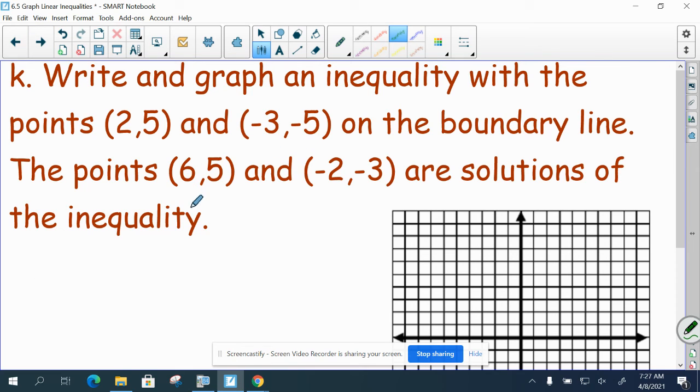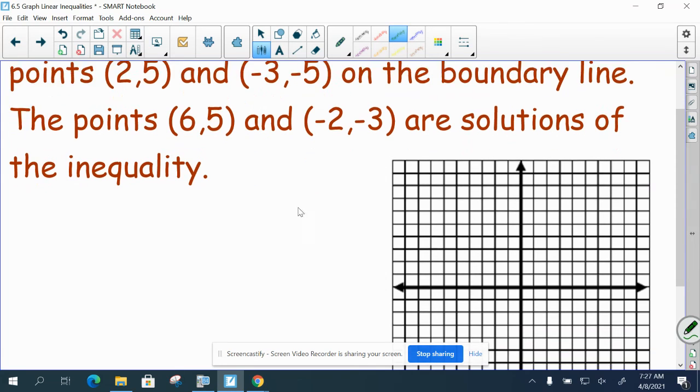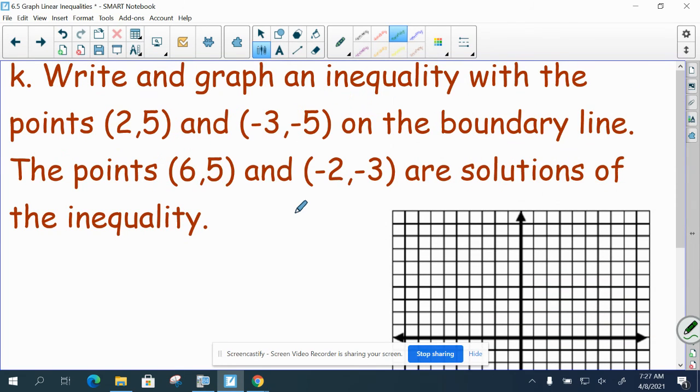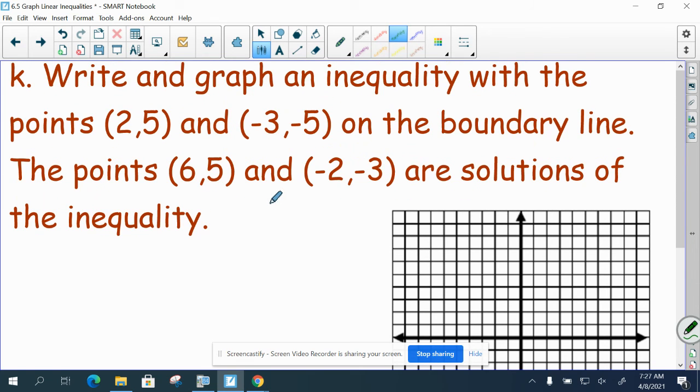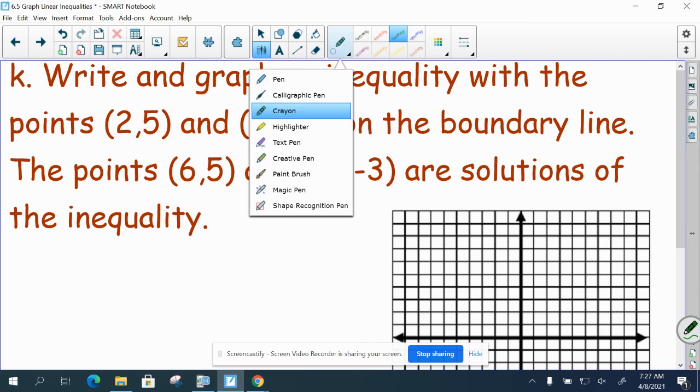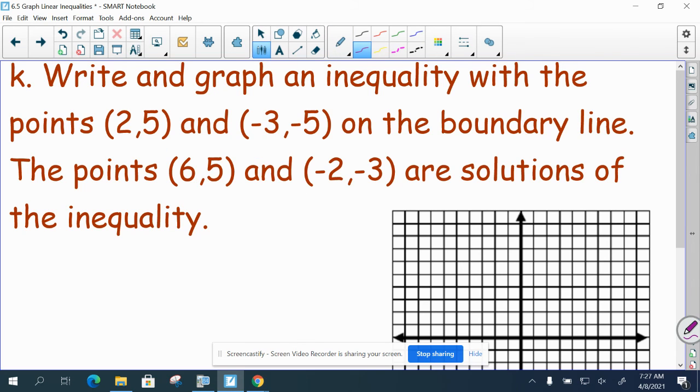Let's see. You need to do this one. Write and graph an inequality with the points (2, 5) and (-3, -5) on the boundary line. Okay, let's try this one. I'm going to put the point (2, 5).